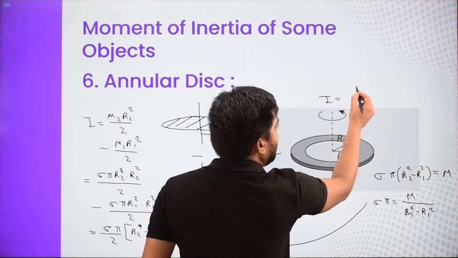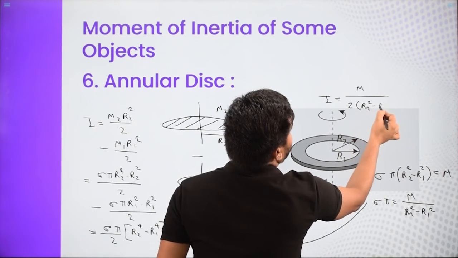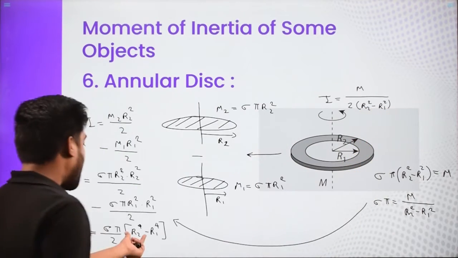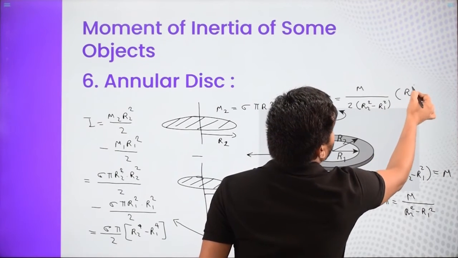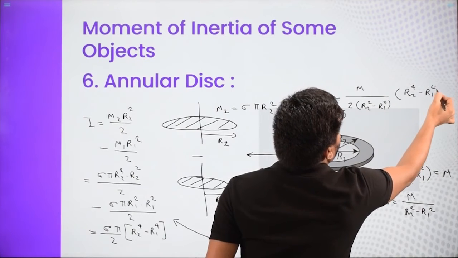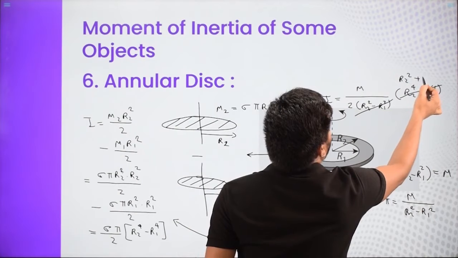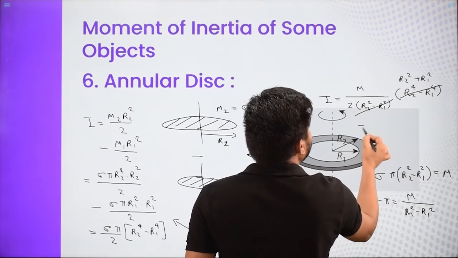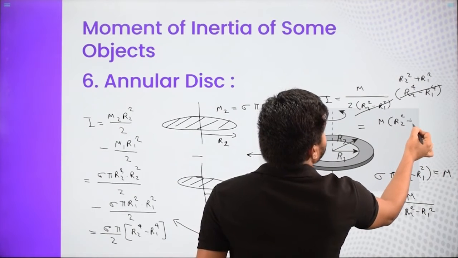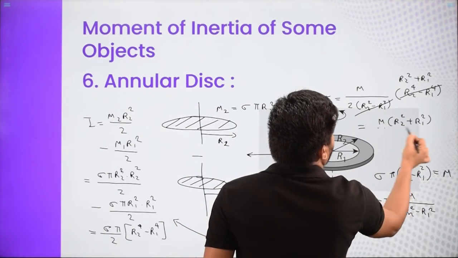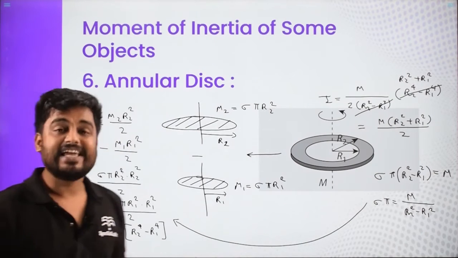Sigma pi is that, so m divided by 2 (R2 square minus R1 square) and into (R2 raised to 4 minus R1 raised to 4). And again, you can cancel that out and you are left with R2 square plus R1 square. So finally, moment of inertia comes to be M (R2 square plus R1 square) by 2. And this is going to be our answer. So this is another way to do the same thing.